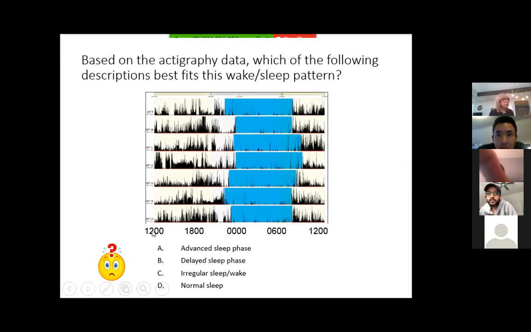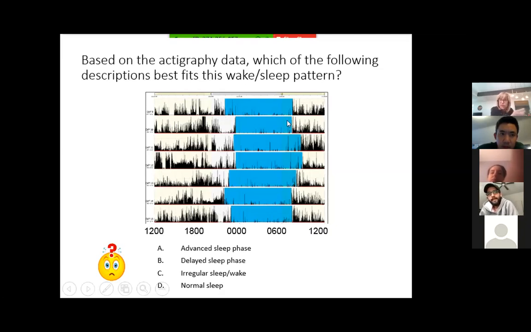But here's noon, 6 p.m., midnight, 6 a.m., and noon. So we're looking at 24 hours. We are looking at 7 different days. And you can see how different waking activity looks compared to sleeping activity. And you know what?